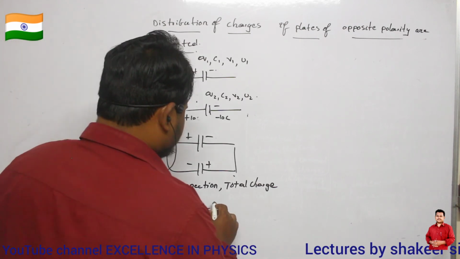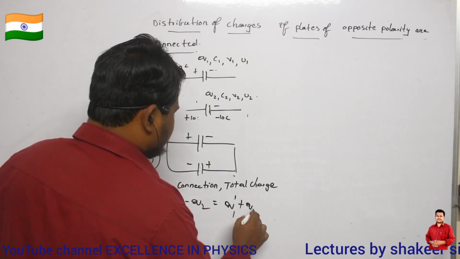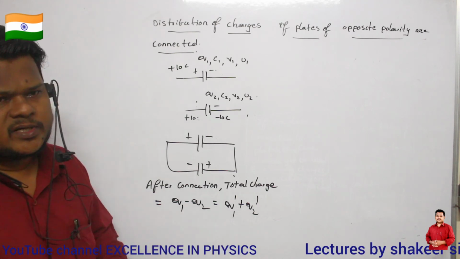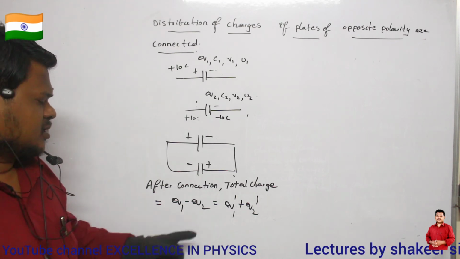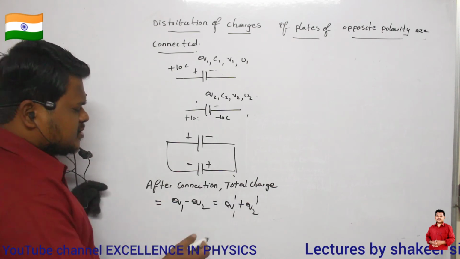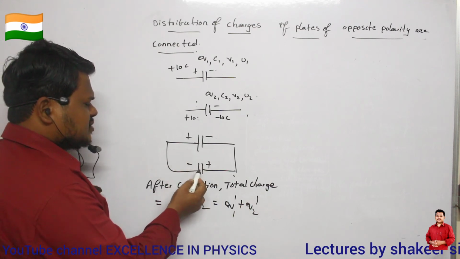So this remaining charge, can I write it as Q1 dash plus Q2 dash also? Q1 dash plus Q2 dash means these are the final charges which are present on first capacitor and second capacitor.